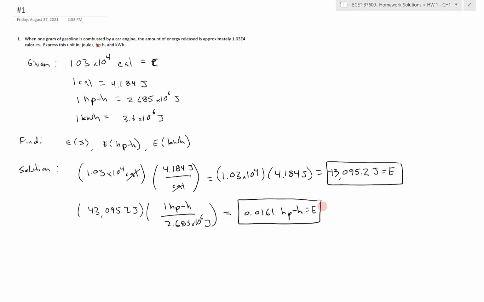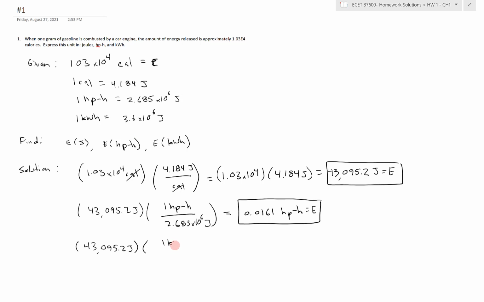And then we'll do one more example. Again, we're going to start with this amount of energy in joules, 43,095.2 joules, and we're going to multiply by our last conversion constant, which is 3.6 times 10 to the 6 joules per kWh.